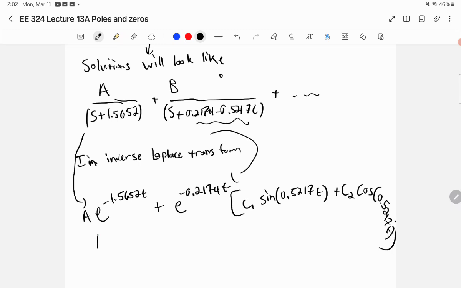But notice that this is a transient term.